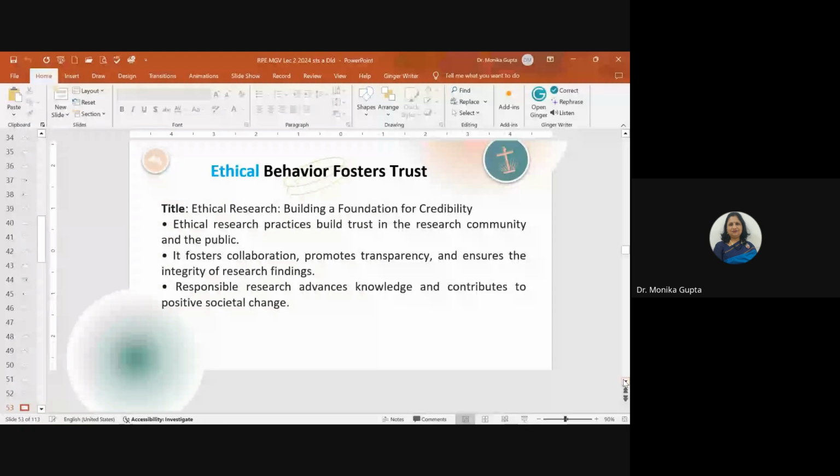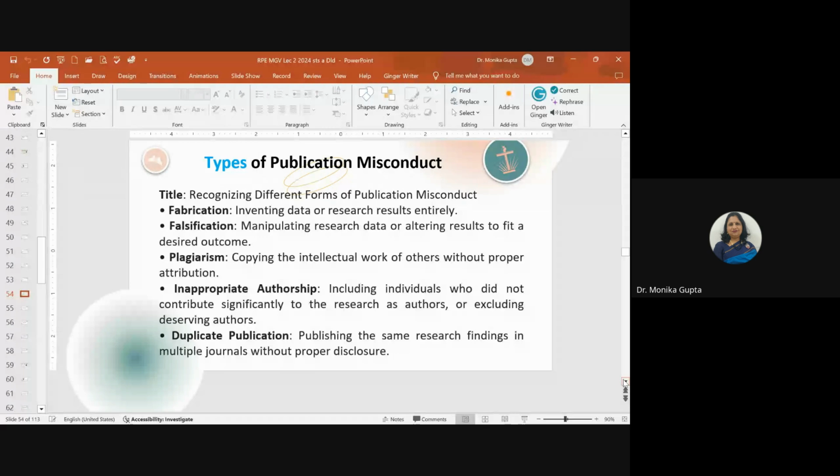Furthermore, ethical research ensures that research findings are credible and can be used to inform policies, develop solutions, and contribute to positive societal change. When research is conducted unethically, it undermines the entire research enterprise and hinders progress in all disciplines.